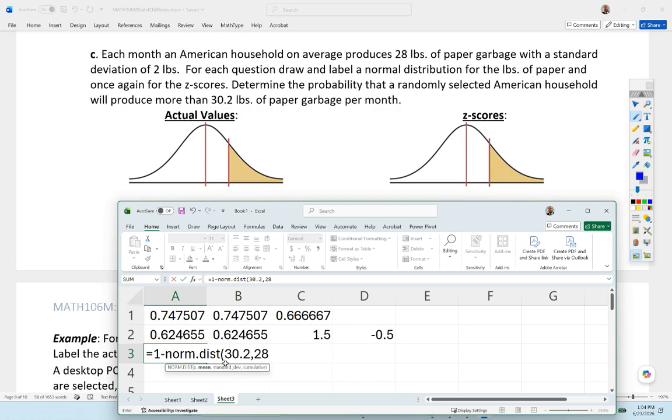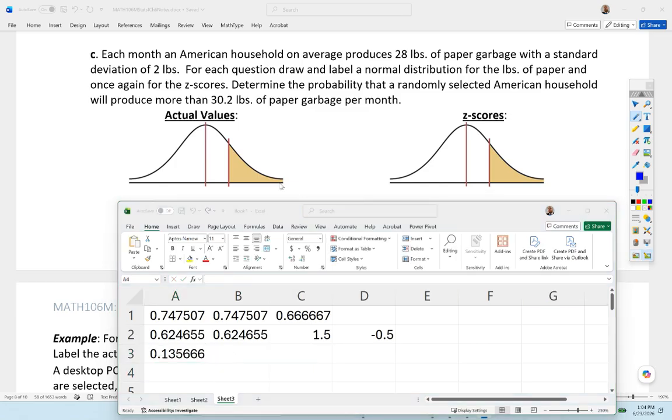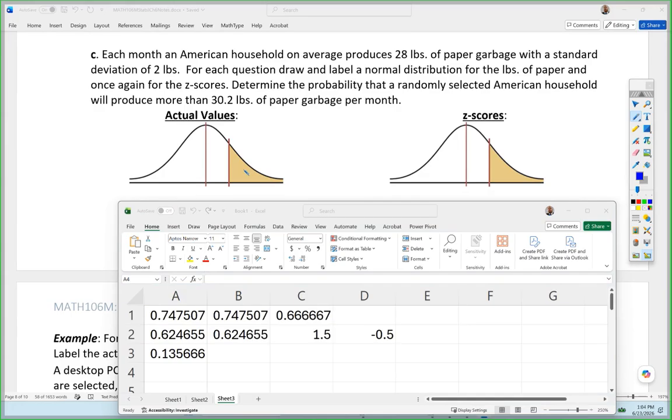So comma 28, comma 2, comma true. So more than 30.2 is about 13.5%, so about 0.135. That's the probability of the household using that much trash, 30.2 pounds or more, where the average is 28 and the deviation is 2.